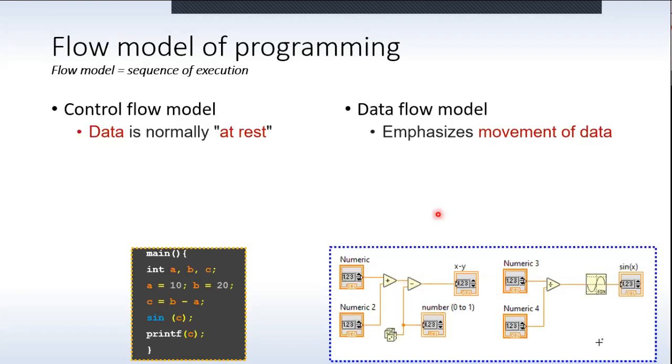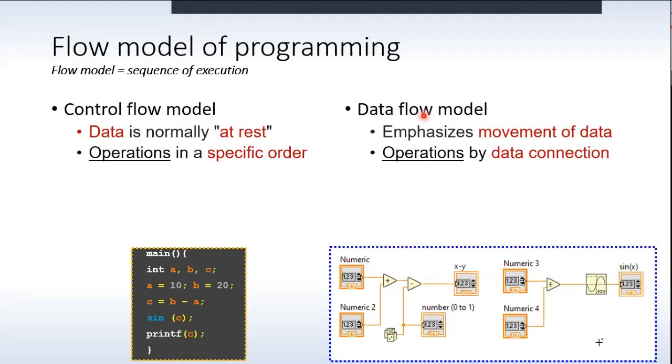So LabVIEW uses the data flow model, where data is not so important in other languages. That is called control flow, where we decide what to control. But here LabVIEW sees that data is there, so it will go to the next step.